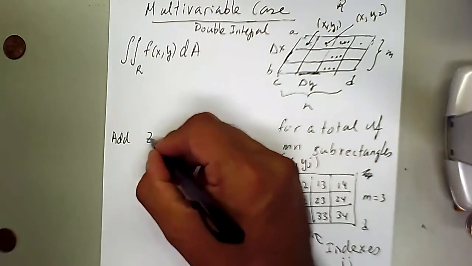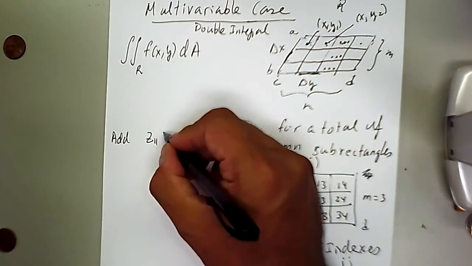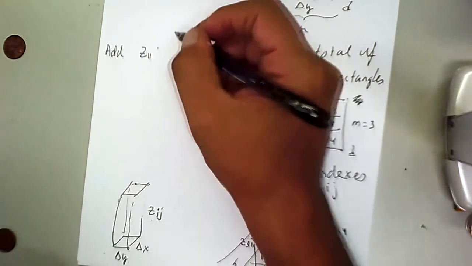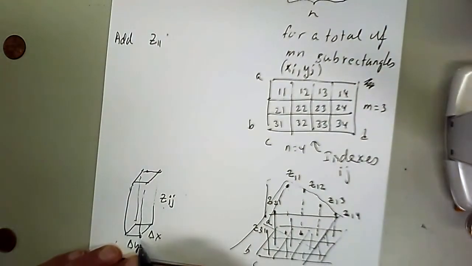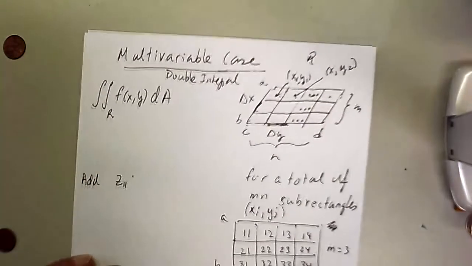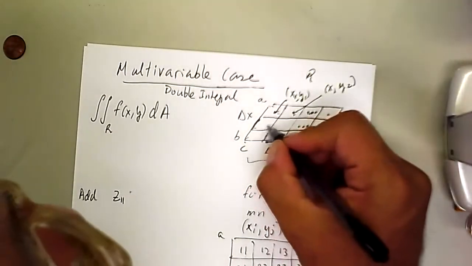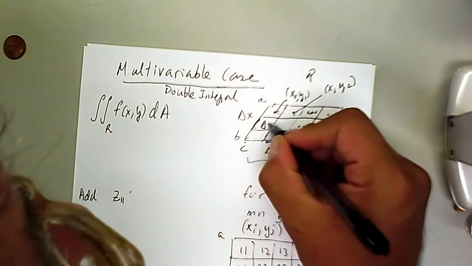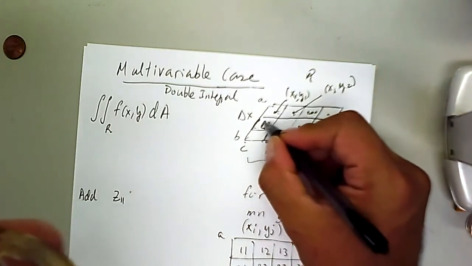So what we're going to do is add Z11 times, actually, I'm kind of getting ahead of myself. Let's label each one of those as delta A for an increment in area.